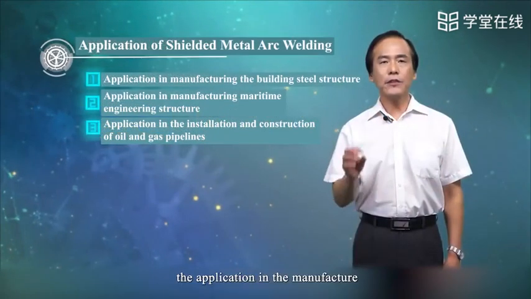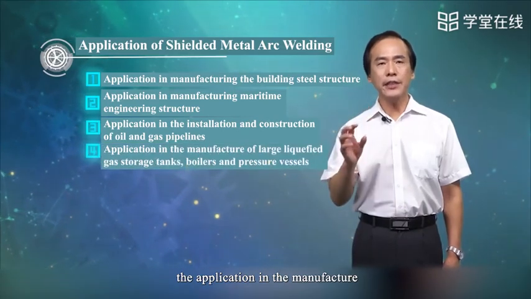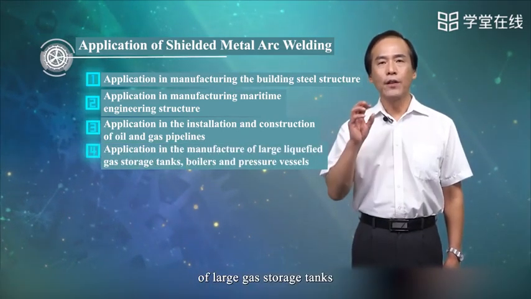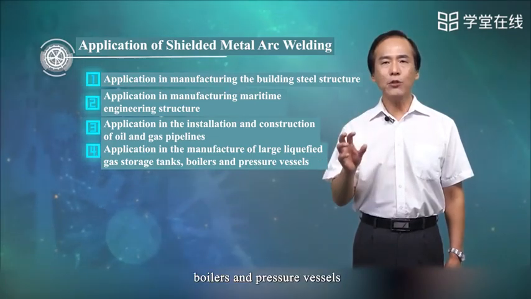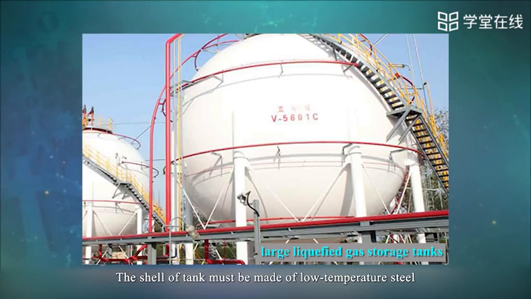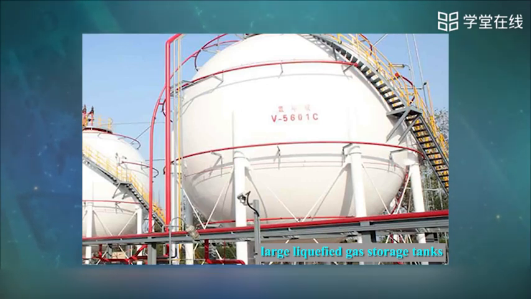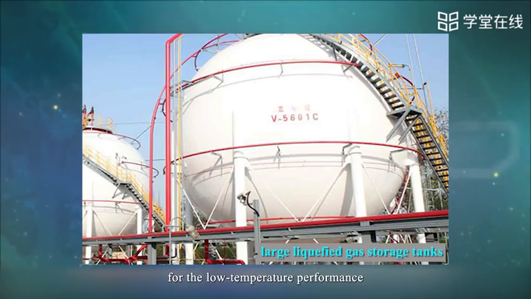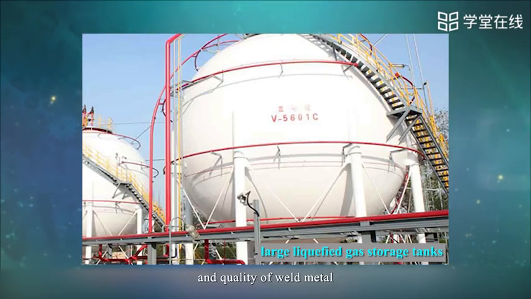Fourth, the application in the manufacturing of large gas storage tanks, boilers, and pressure vessels. The shell of the tank must be made of low-temperature steel, which highly demands the low-temperature performance and the quality of weld metal.